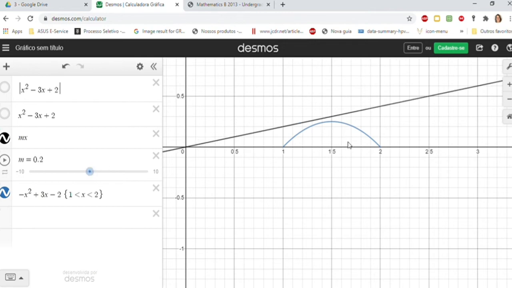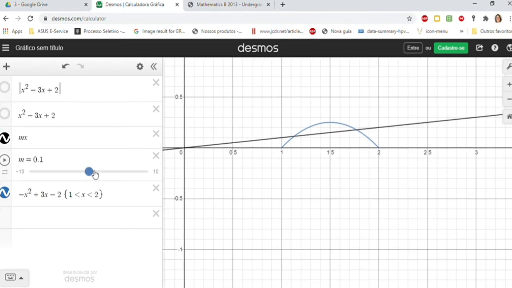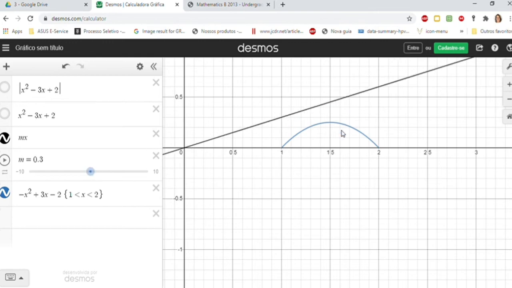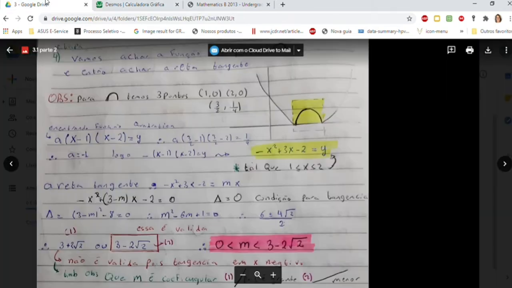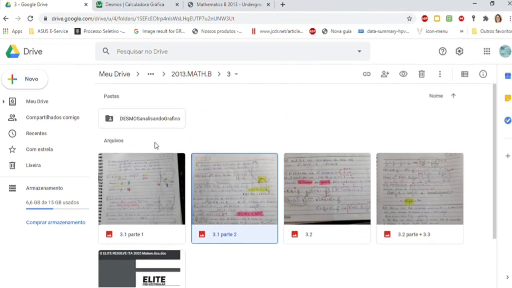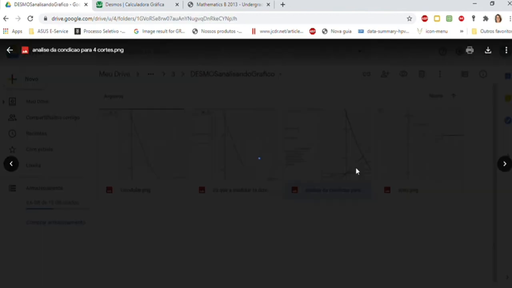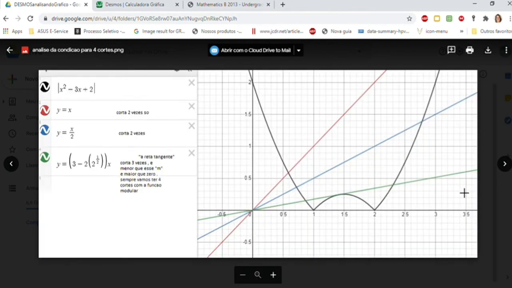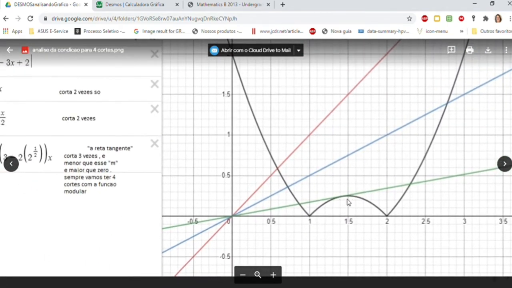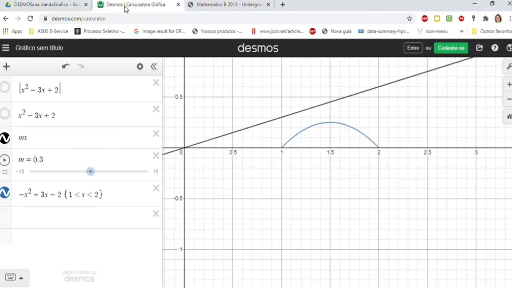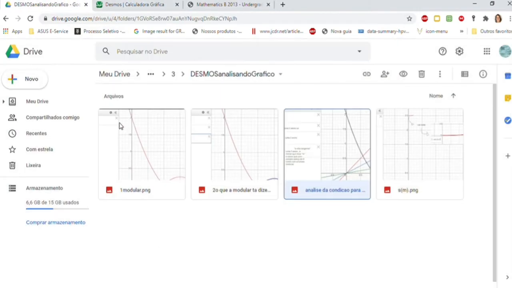If it has one solution, it's barely touching, imagine the line barely touching. I actually have a photo of it over here. So the line barely touching, this green line, barely touching, then delta must be equal to 0. What delta? The second degree function.